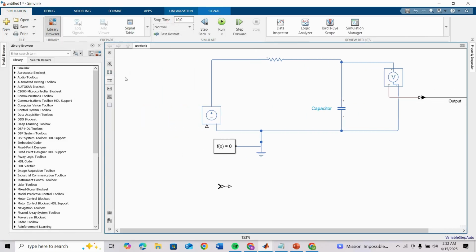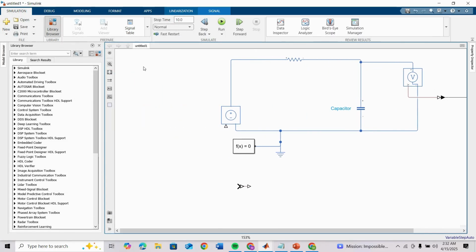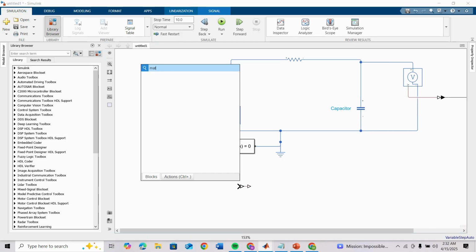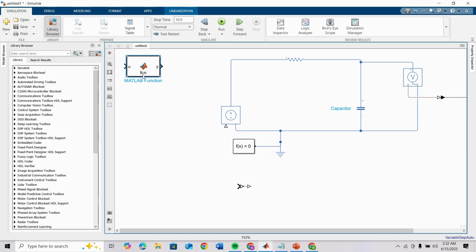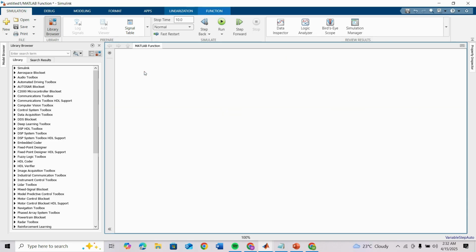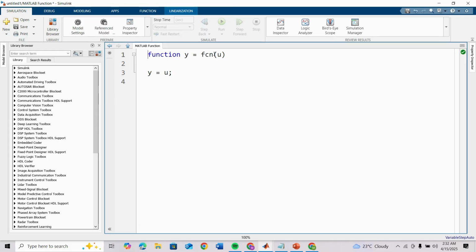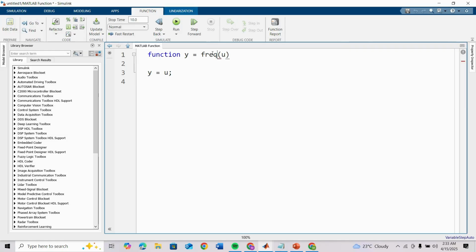And now we have to vary the frequency for this. For that I am taking a simple MATLAB function, and let's call it frequency sweep.